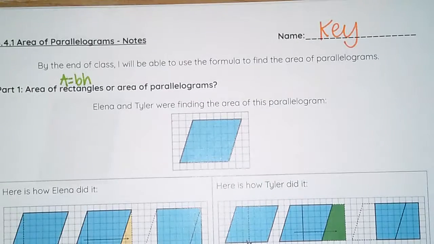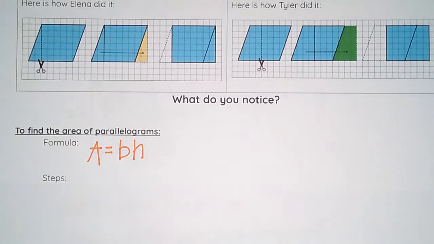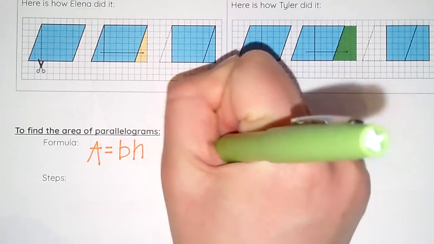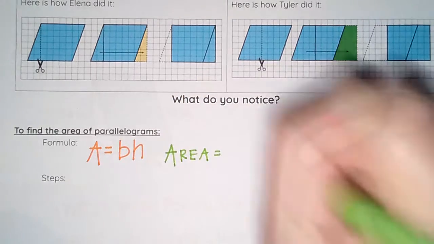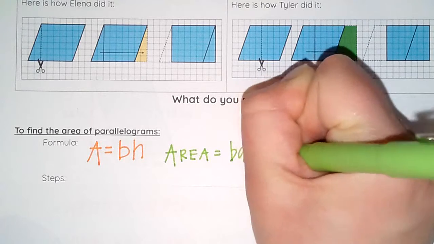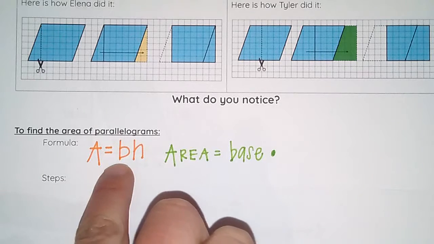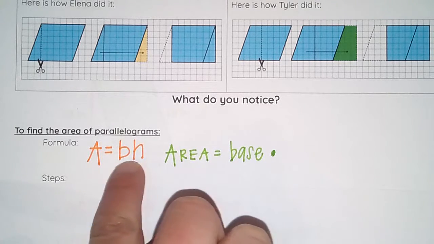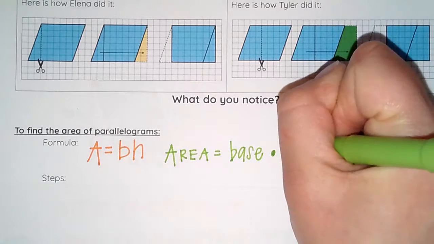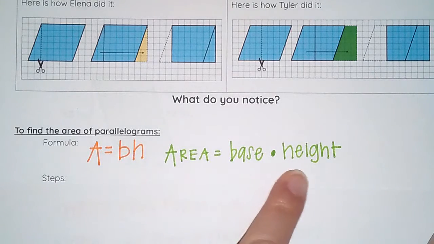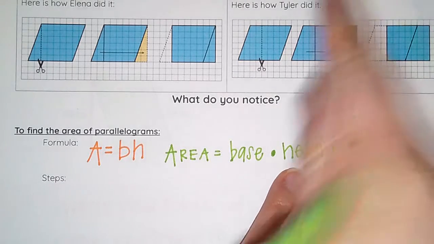So to find our area of parallelograms, our formula is A equals BH. So that would be area is equal to base, the base of the parallelogram, times, we know since these two variables are next to each other, that we multiply the base times the height of our figure, just like up here.